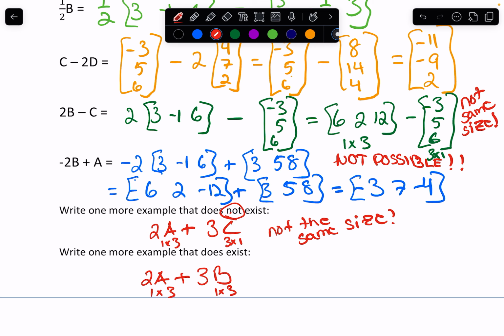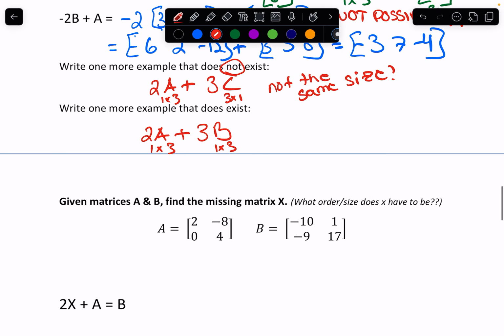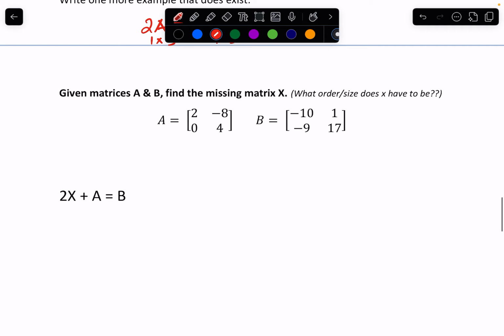Okay, so let's go ahead and look at finding the missing x. If we look at matrix A, it is 2 by 2, and matrix B is 2 by 2.